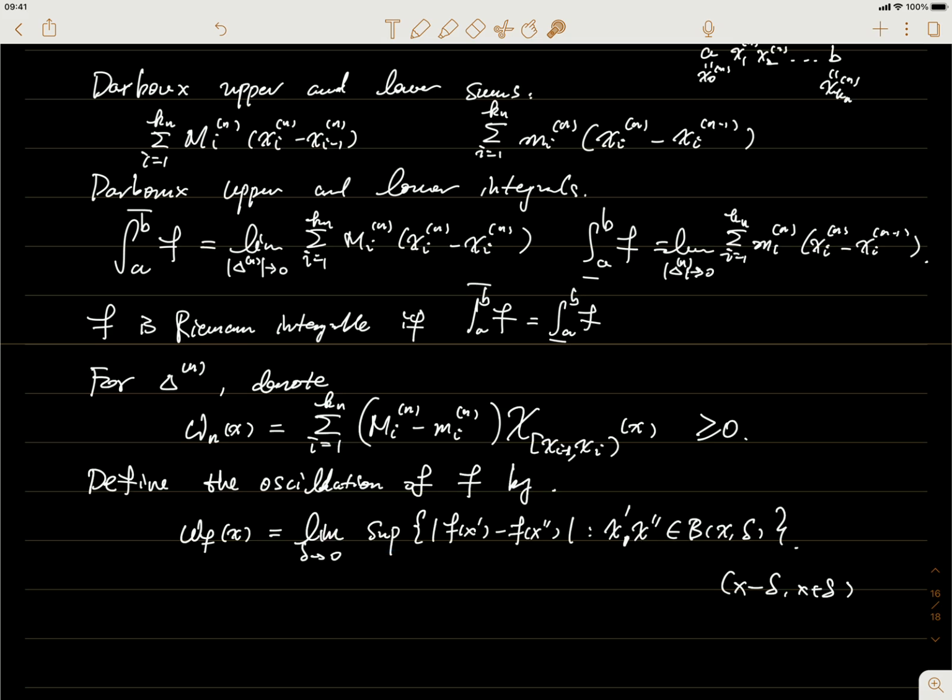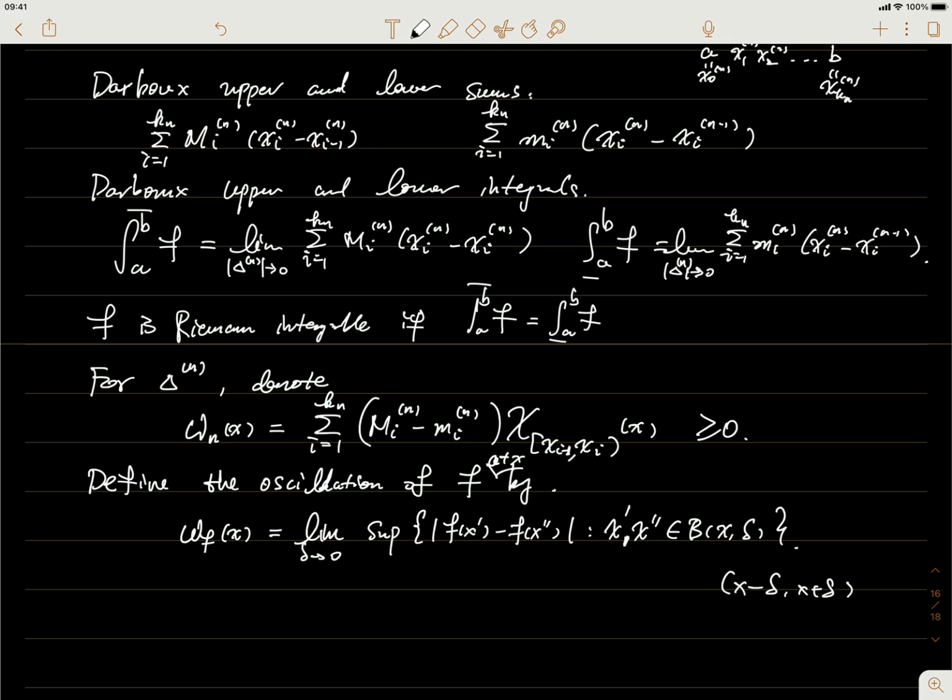So the supremum is smaller, or potentially smaller, and that is the limit we're looking at. This is called the oscillation of f at the point x. The oscillation of f at point x is defined by this.